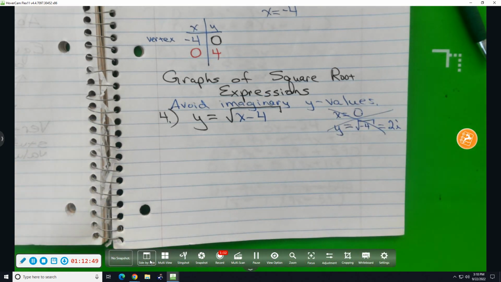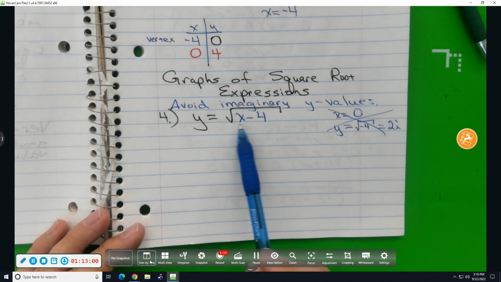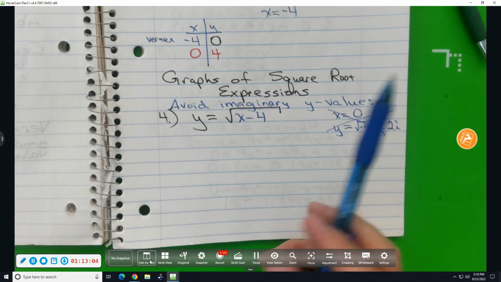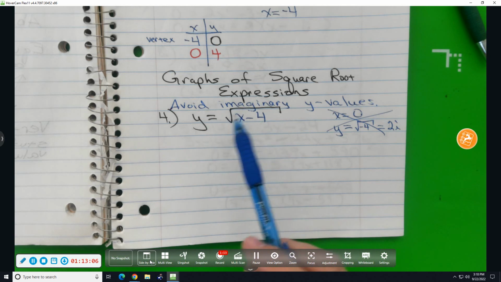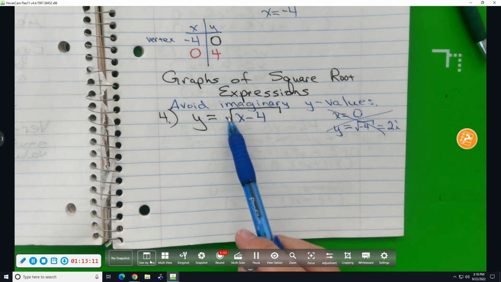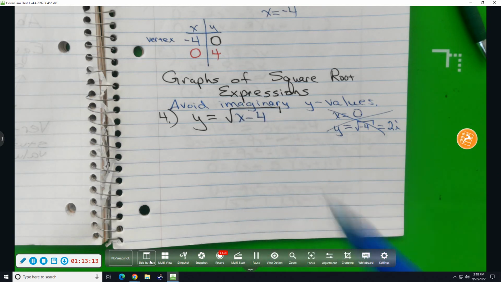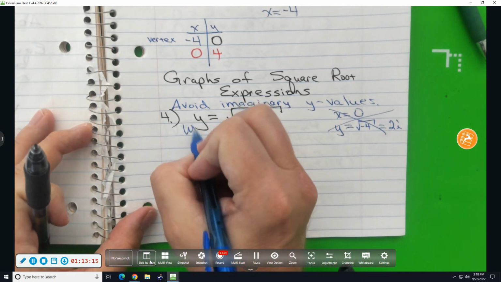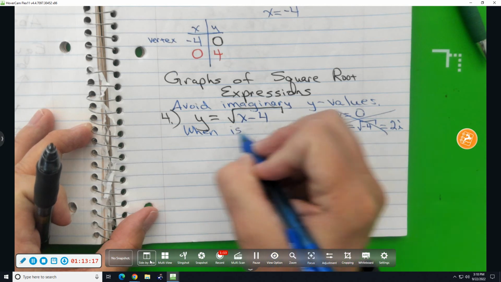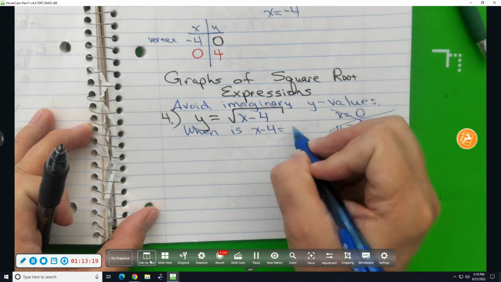When I'm graphing a square root expression, I ask myself the same thing I ask myself when I'm graphing an absolute value expression. With an absolute value, I ask myself, when is the stuff inside the absolute value equal to 0? With a square root, I ask myself, when is the stuff under the square root equal to 0? When is x minus 4 equal to 0?